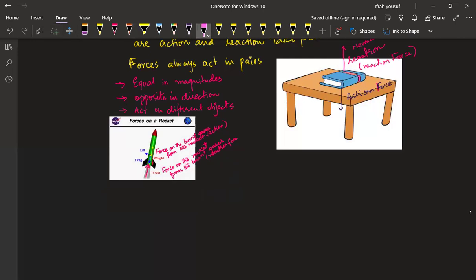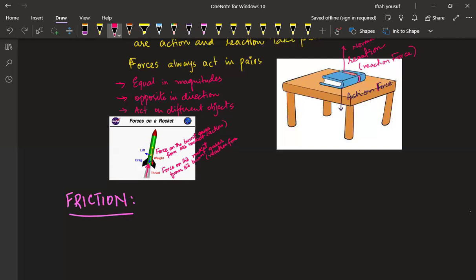Okay, so friction. I have already spoken about friction in the case of motion. If the object is moving, there is an opposite force acting on it.